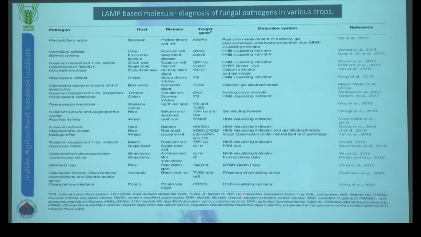Different types of genes they have taken and they developed the primers. The story is only primers. If the primer is designed properly, then it works well. What primers you have taken, that depends on amplification of any target pathogen.